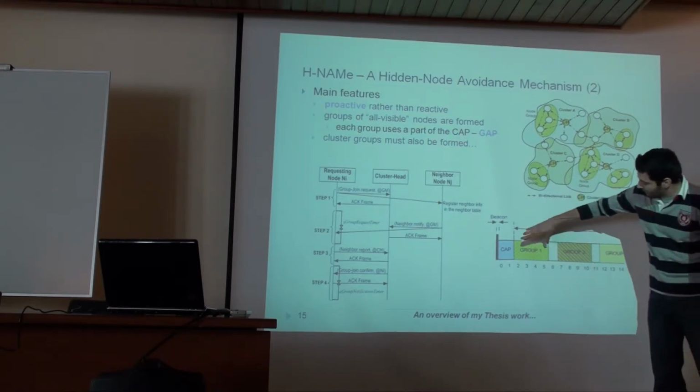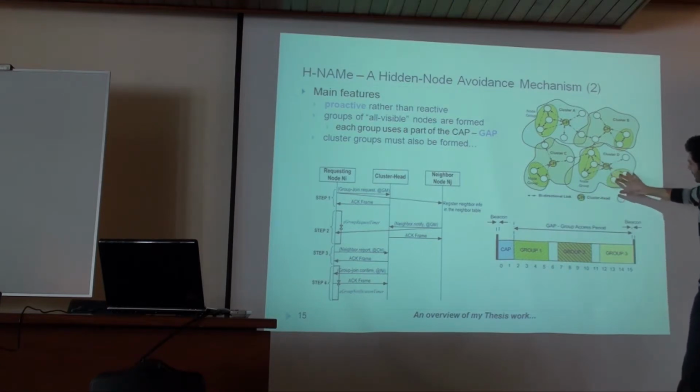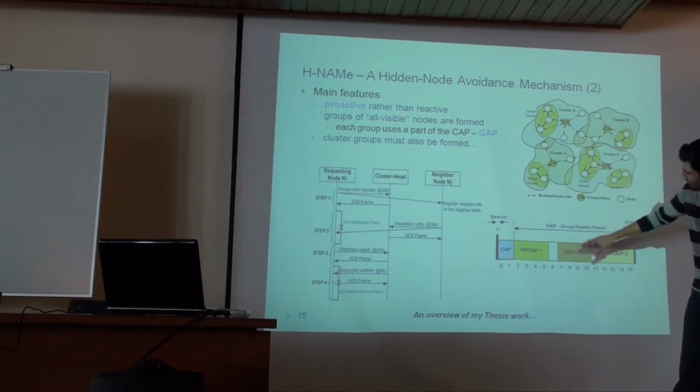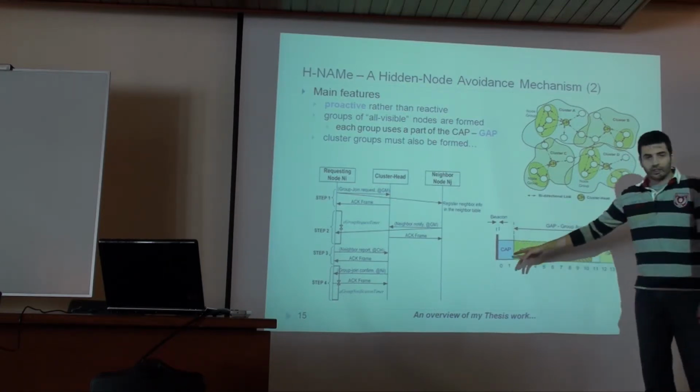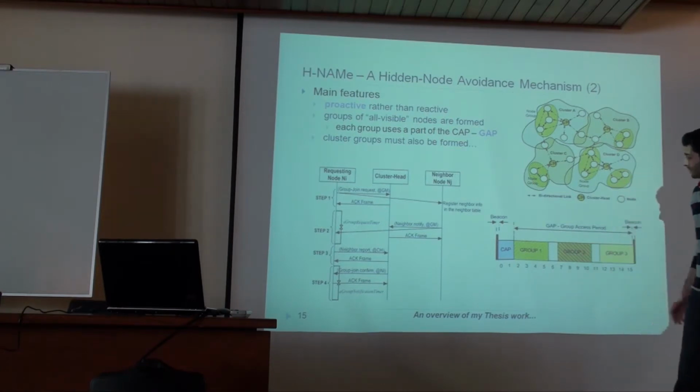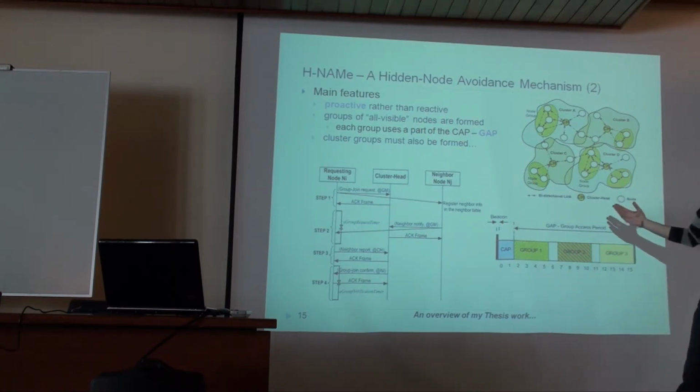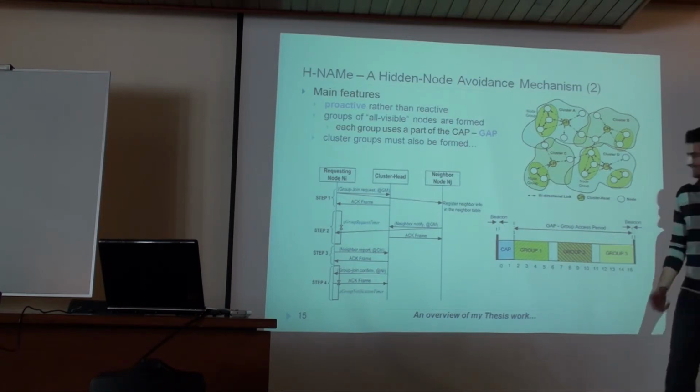So we assign this group to them. To these nodes, they could fit, for instance, on group 2, and this one could fit on group 3, or he could just transmit in the GAP. This means that these nodes will be able to contend for the medium without any collision due to the hidden node problem. It's a kind of TDMA, but with CSMA contention.